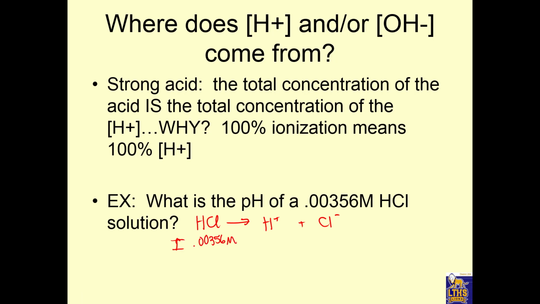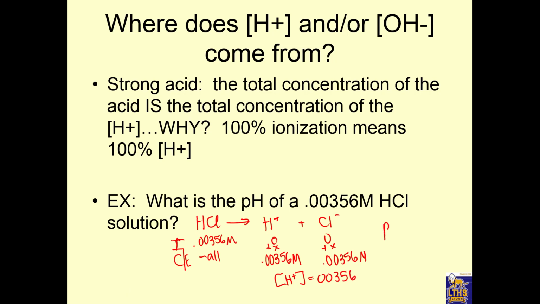0.00356 molar, none of that is going to change. All of this will dissolve, so we'll get 0.00356 molar of that and 0.00356 molar of that. So that was plus x, but we know it's all of it. So our change and our equilibrium are the same. So H plus equals 0.00356.